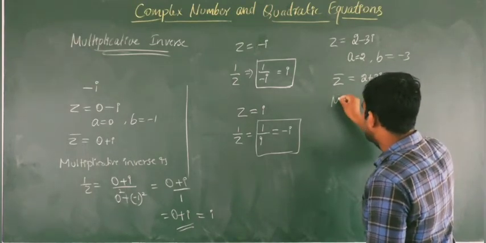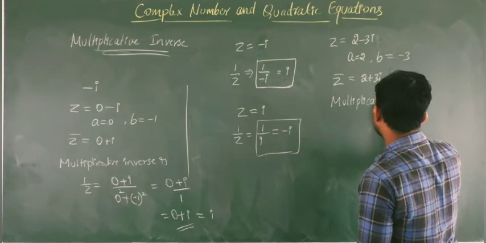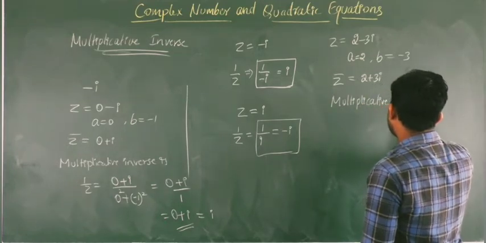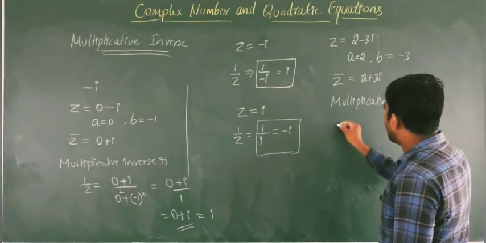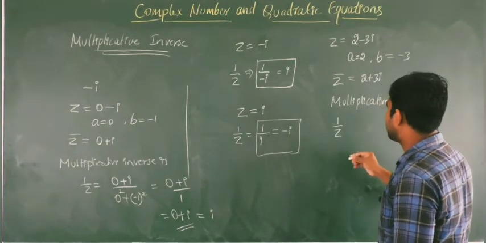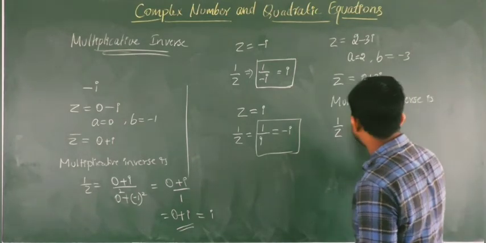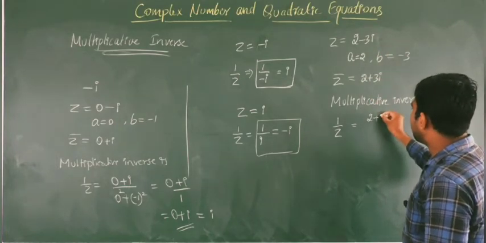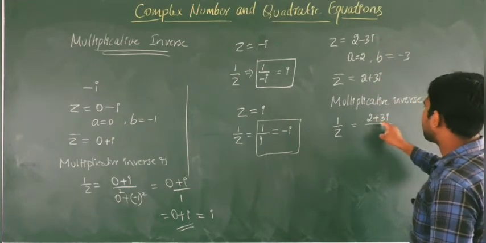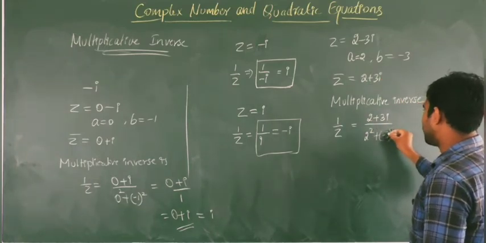Now what is the multiplicative inverse? The multiplicative inverse is 1 by z, which is nothing but the conjugate of the given complex number, that is 2 plus 3i, divided by a square plus b square: 2 square plus minus 3 square.